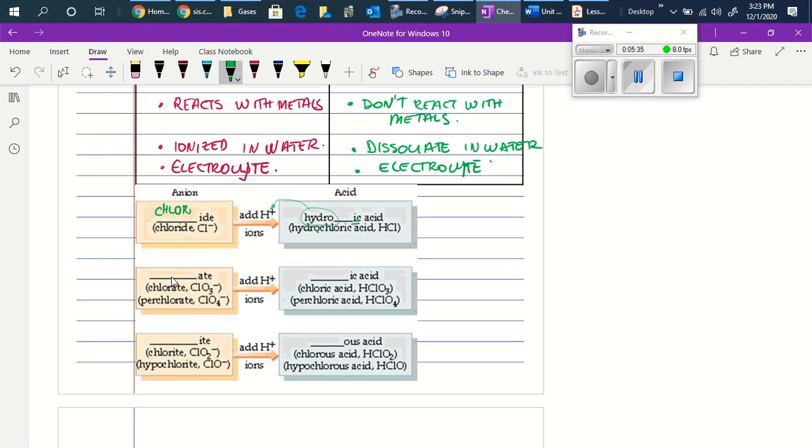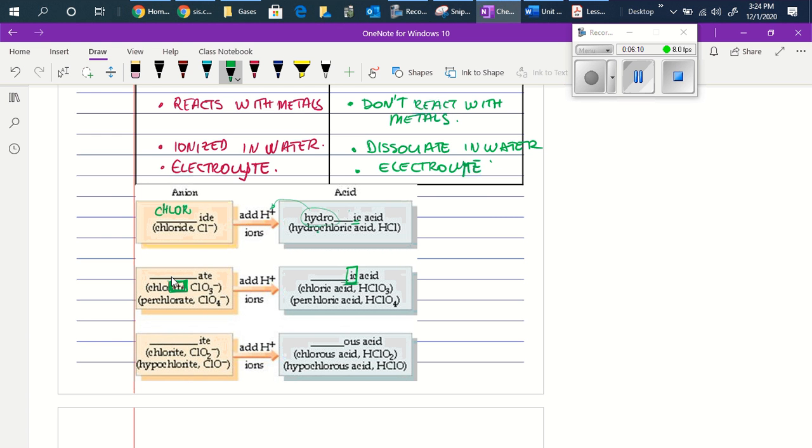Or when we have a polyatomic ion, like chlorate or perchlorate, we take the root again and make it IC. When the polyatomic ion ends with ATE, the name of the acid is converted into IC.